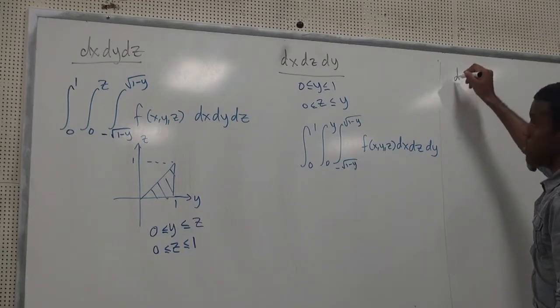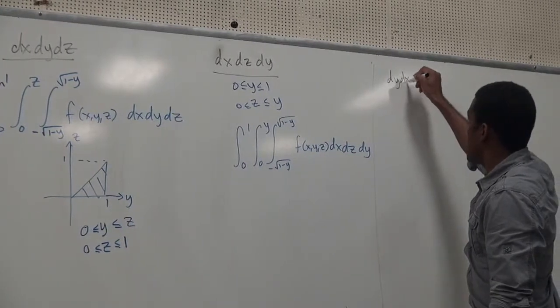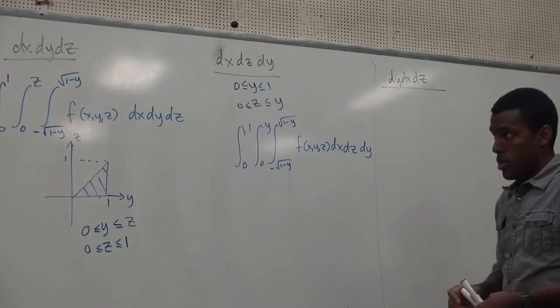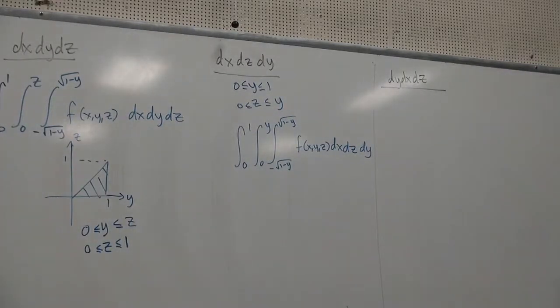If I wanted to do dy dx dz. Okay, so where's my region of integration? What am I looking at? Looking at the xz point. Right, dx and dz are on the outside, which means this is the region of projection that I'm looking at.